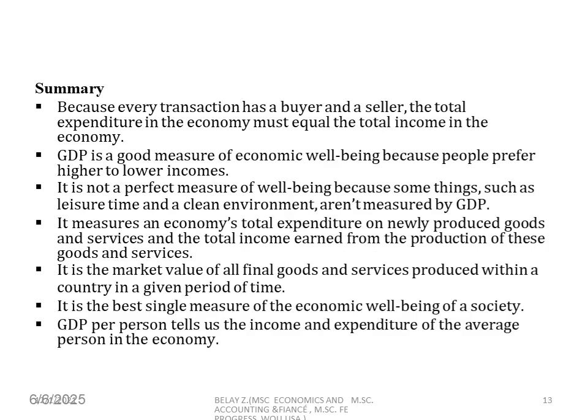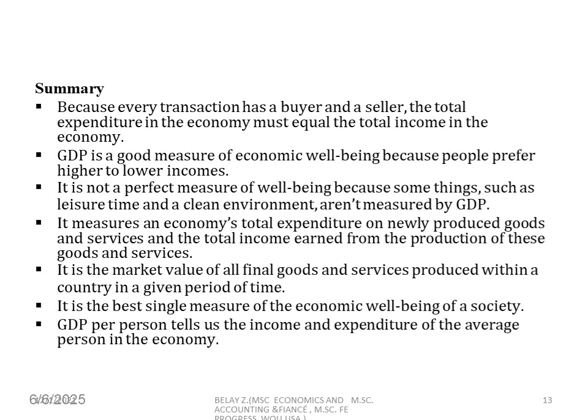With this, we come to the end of our chapter 1. As we have seen before, because every transaction has a buyer and a seller, the total expenditure in the economy must equal the total income in the economy. This is when we measure GDP using different approaches, the income approach and the expenditure approach, but the value is the same.